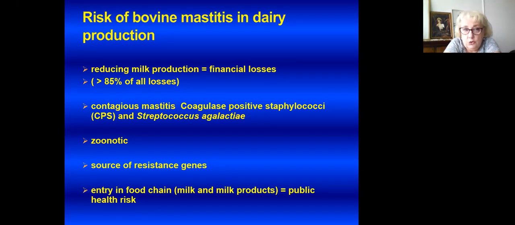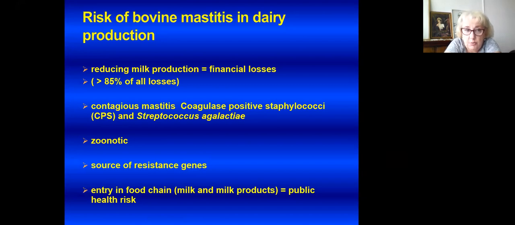Then there is contagiosity. Coagulase-positive Staphylococcus aureus and Streptococcus agalactiae are contagious for animals, and by regulation they are subject to eradication. They are zoonotic, especially Staphylococcus aureus.